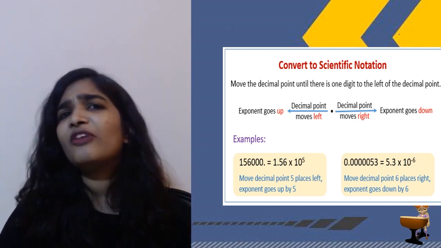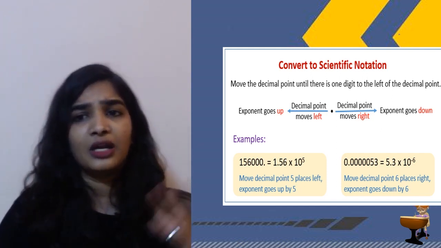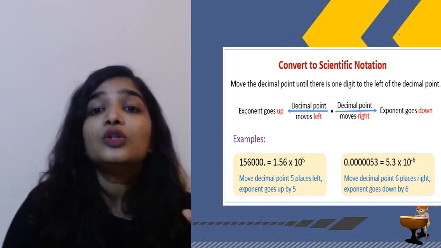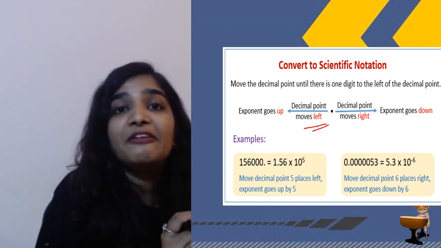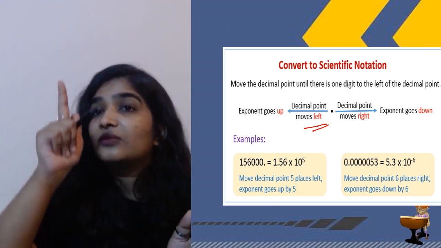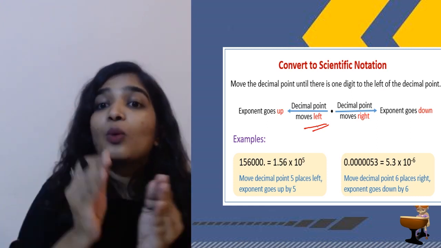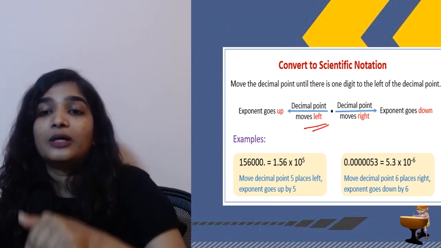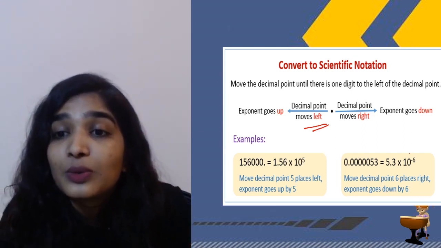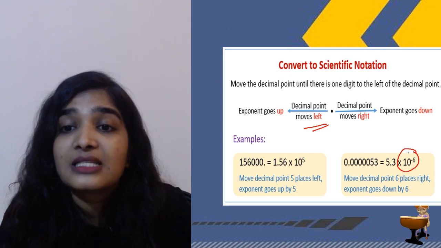But how exactly, ma'am? Why did you write a positive integer there and a negative integer here? Whenever the decimal point is moving left, the exponent goes up. Whenever the decimal point is moving right, the exponent will go down. So it will be 10 power minus 6.